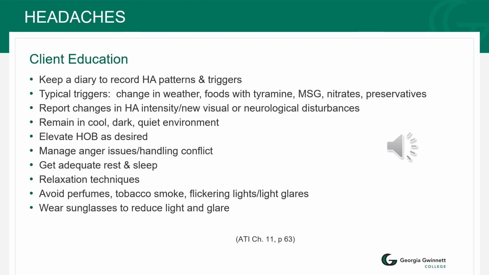Oftentimes things such as change in weather, foods with tyramine, MSG, nitrates, preservatives, those types of foods can be pickles, aged cheese, artificial sweeteners, beer, wine, caffeine. Those are typical triggers of headaches.